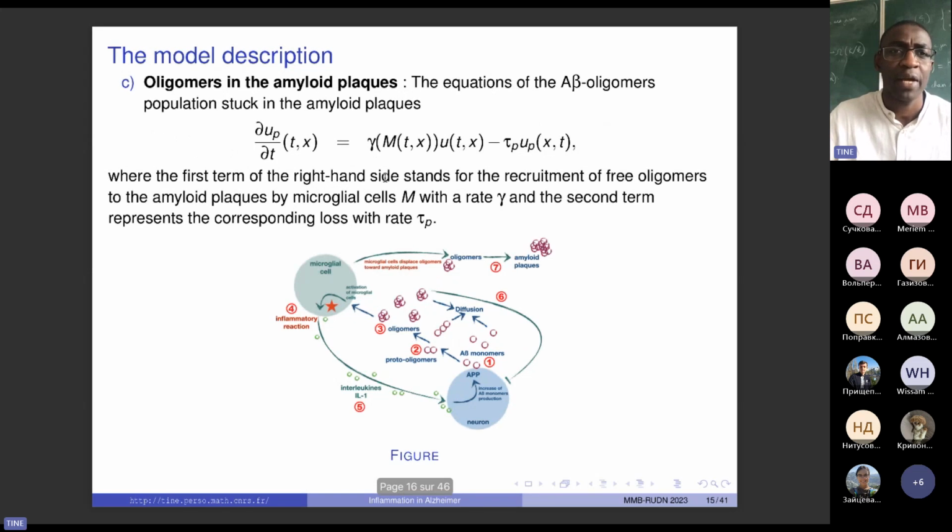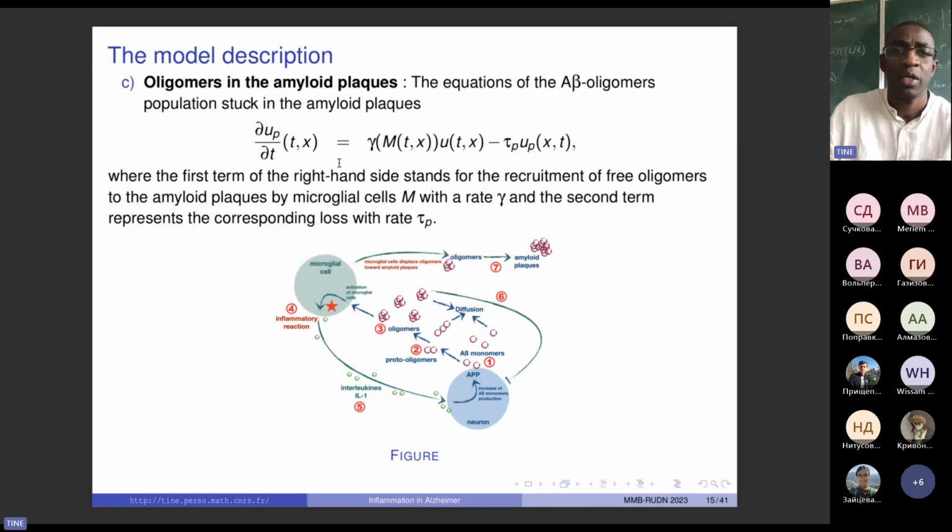When we finish with the equation for free oligomers, we take the equation for oligomers in the plaque. That means the oligomers that are always here in the plaque. Of course, there is nothing special for this kind of equation, because it is just the displacement into the plaque, and this displacement is just through the recruitment term.